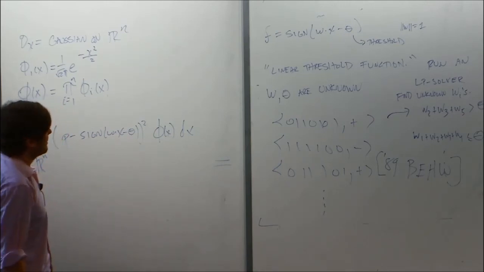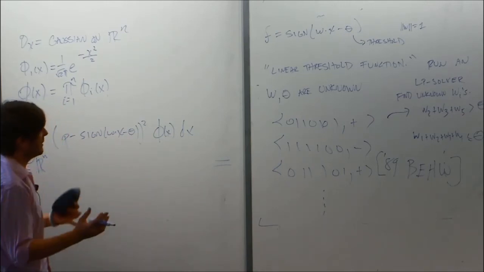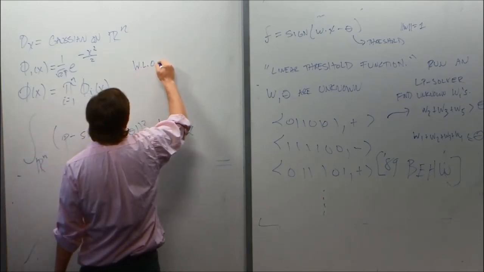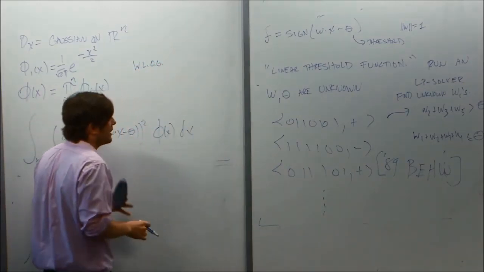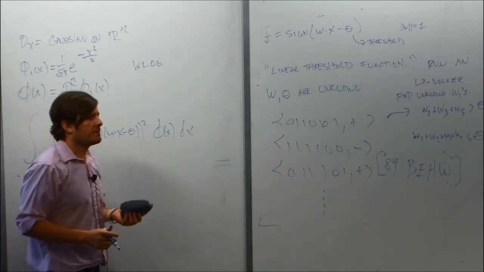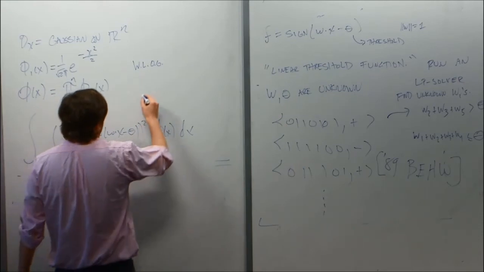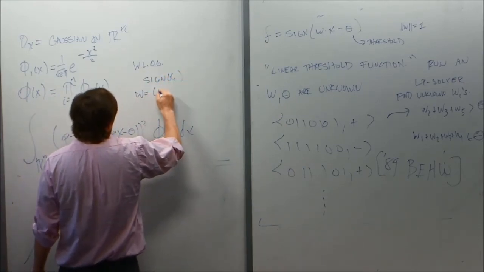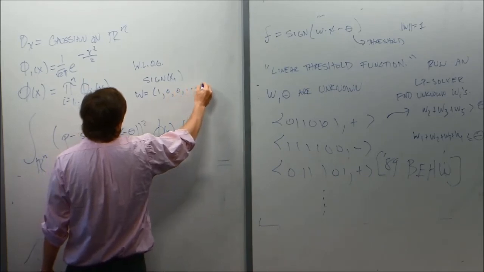Okay, now because we're working with the Gaussian and everything is symmetric, without loss of generality, and I'm not going to use any properties of the coordinate system here, I can assume that the optimal half space is just the sine of x1. Okay, so I can assume that w equals 1, 0, 0, 0, 0.